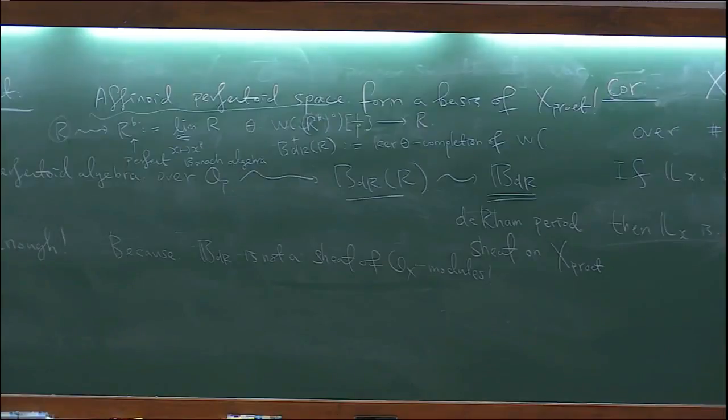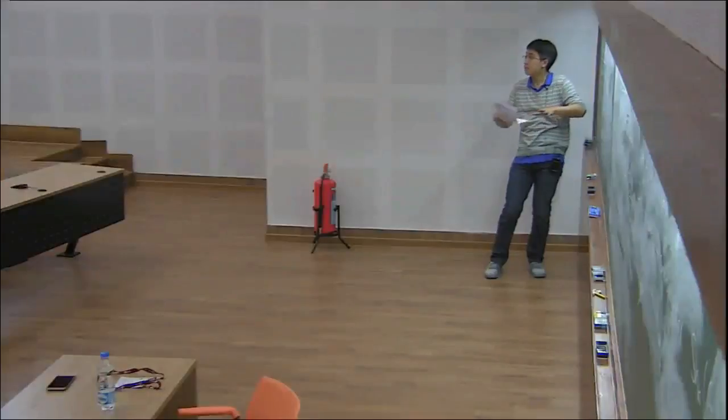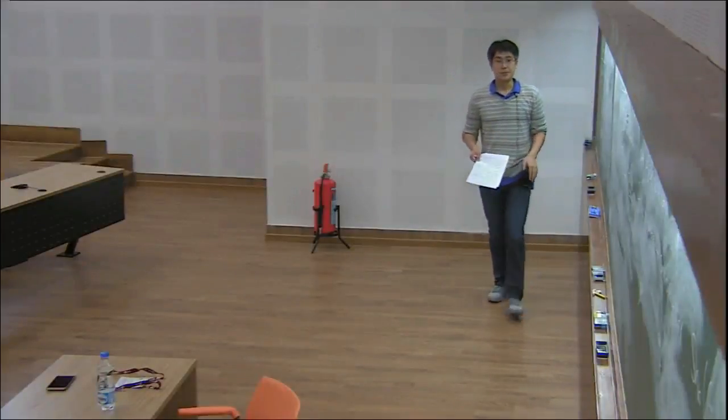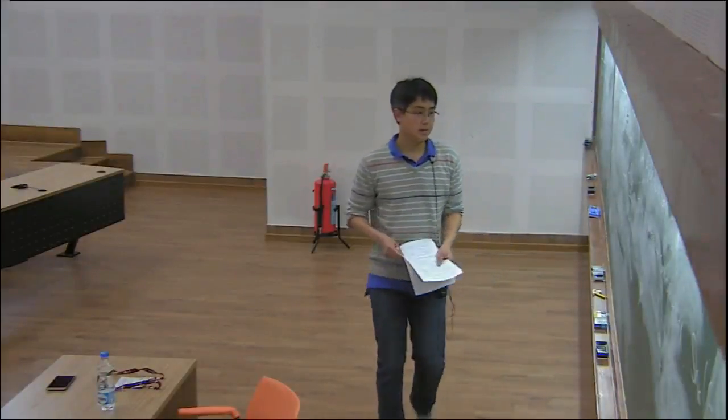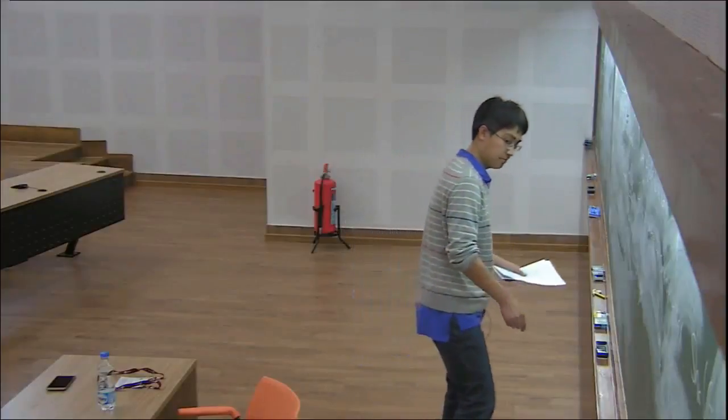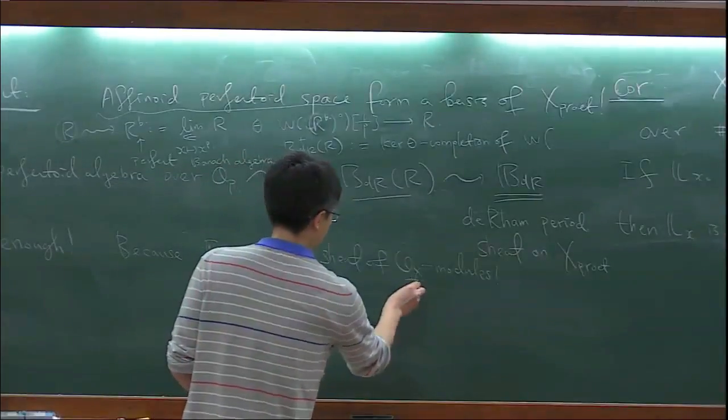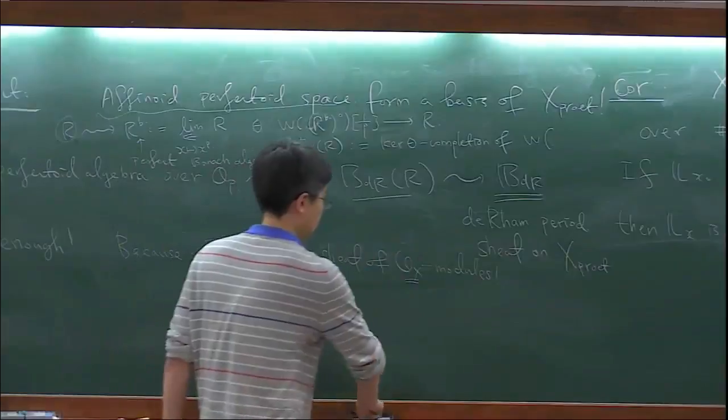So this is our X. And this is the perfectoid things. These very big things map to X. But this is not in the étale site, it's in the pro-étale site. So here I need to specify what O_X is.